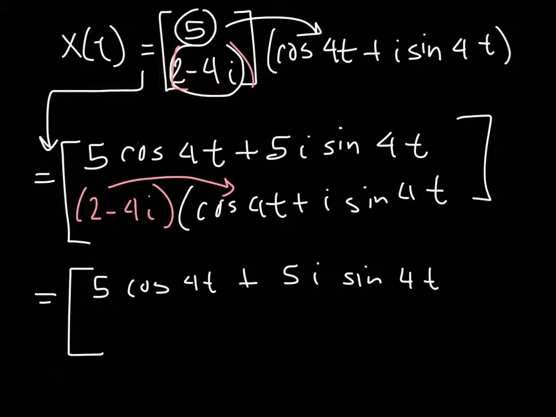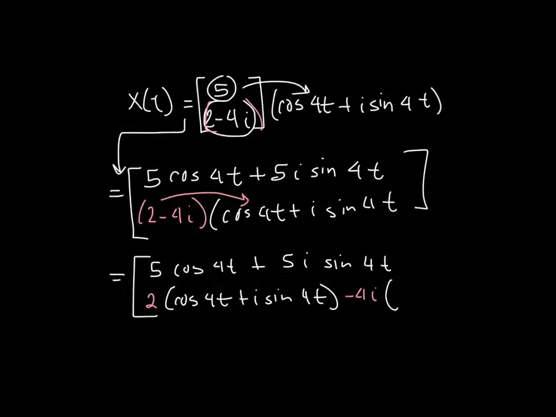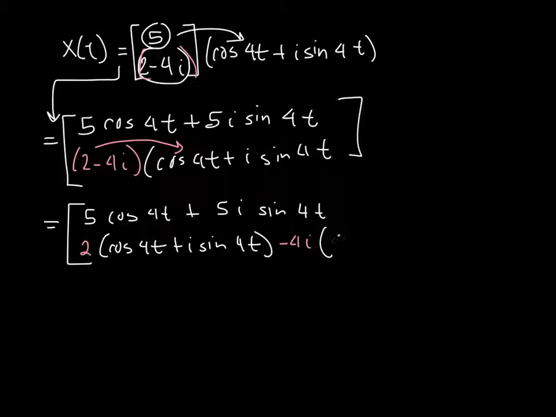Might as well do it since I just said it. 2 times cosine 4t plus i sine 4t, minus 4i times, and it's probably good that I wrote it out, cosine 4t plus i sine 4t.